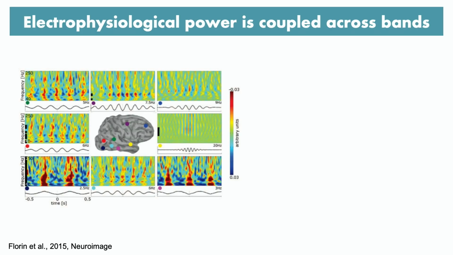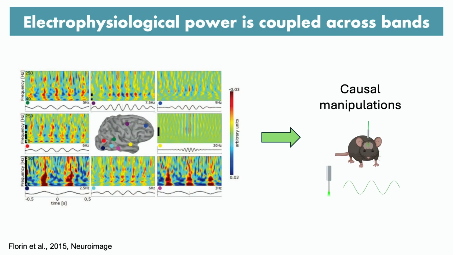So you can see how it's difficult to separate the individual contribution of these different rhythms with correlation alone. So the question that we had was whether or not we could leverage causal manipulations in an accessible species, like the mouse, where we can induce different rhythms separately in order to try and disentangle these dependencies.